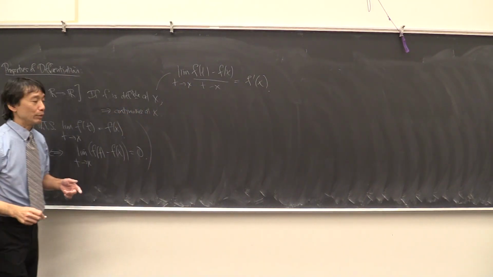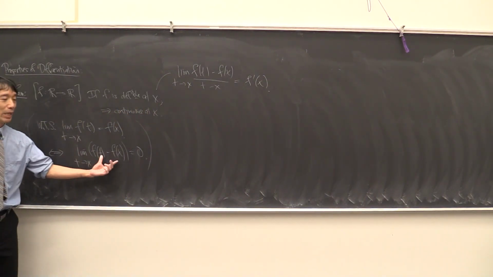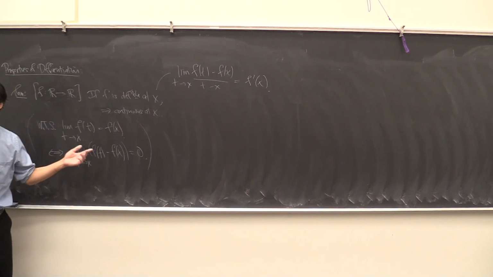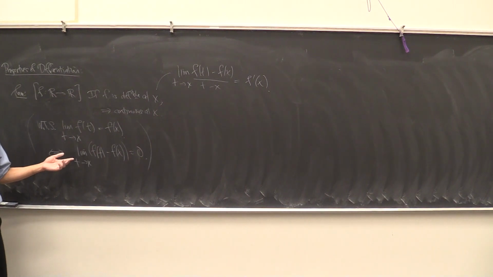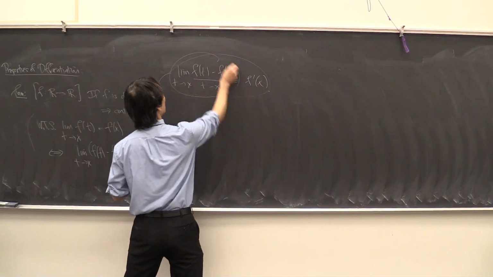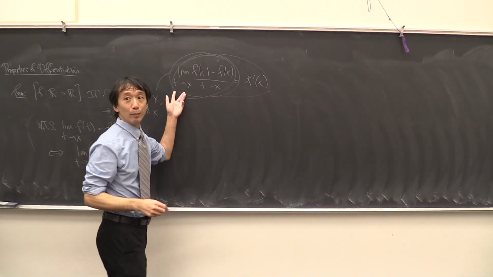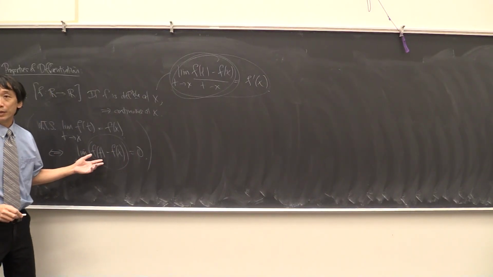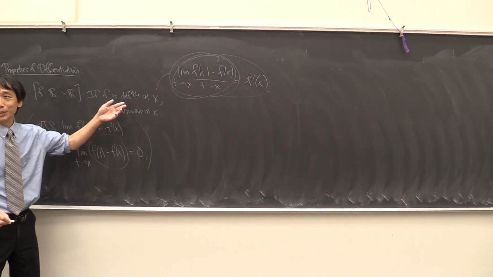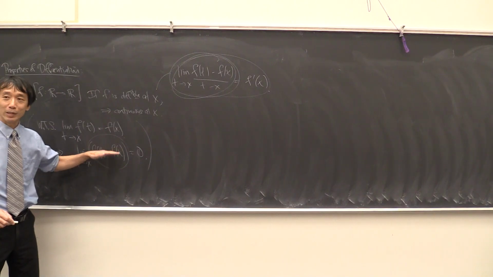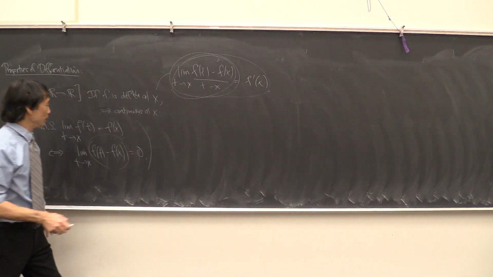And we're trying to show that the limit of f of t minus f of x is equal to 0. This is the thing we have control over, and we know it turns into a number. This is the thing we're trying to control. So how do we squeeze in the thing we're trying to control? Well, we're going to divide by t minus x. Of course, you can't just divide by numbers whenever you feel like it, but you can always multiply by 1.